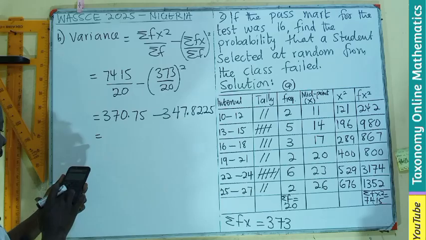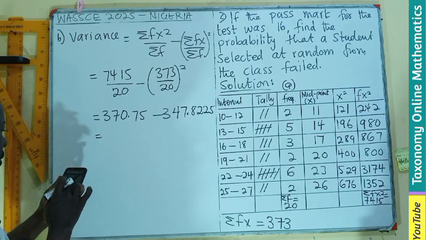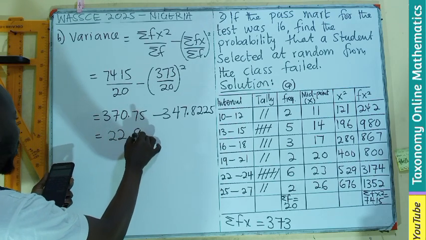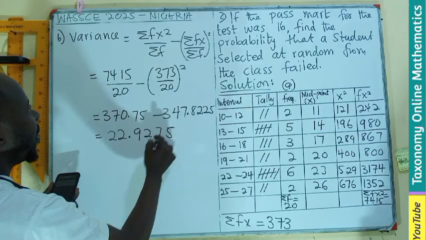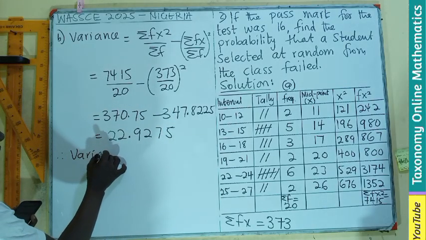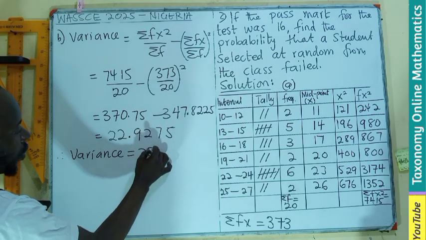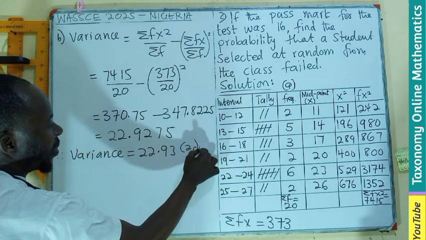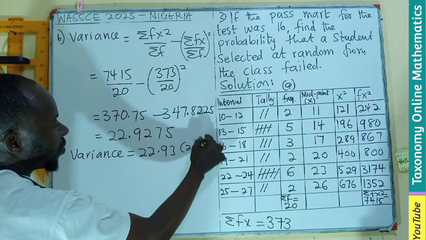So let's perform the subtraction: 370.75 minus 347.8225 gives you 22.9275. Therefore, the variance equals 22.93 to 2 decimal places.